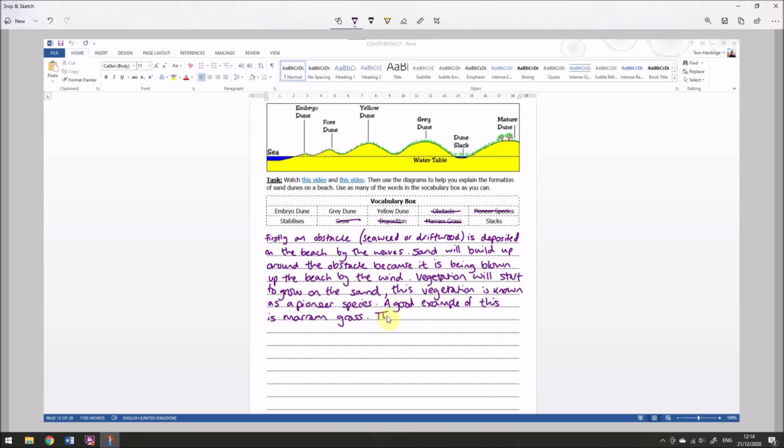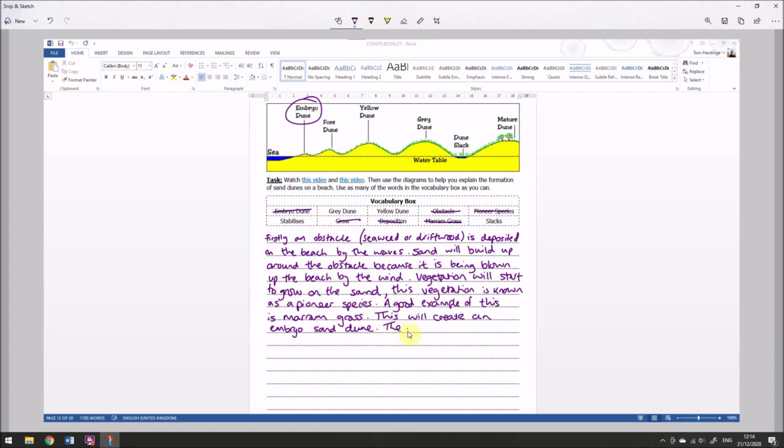This will create what we call an embryo sand dune, the smallest type of sand dune there is. We can see it here in our diagram. What the vegetation will do is help to anchor that sand dune together, allowing it to grow.